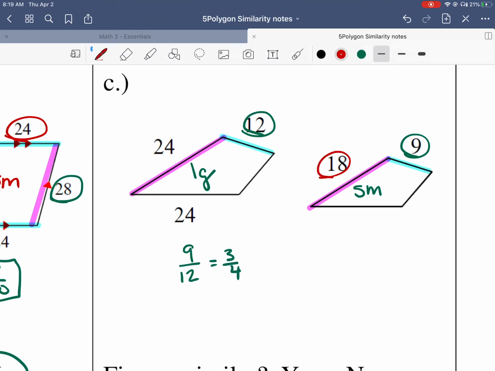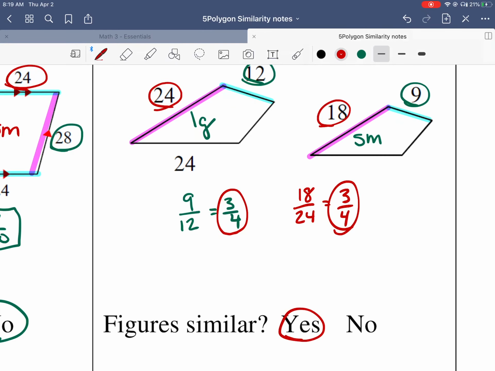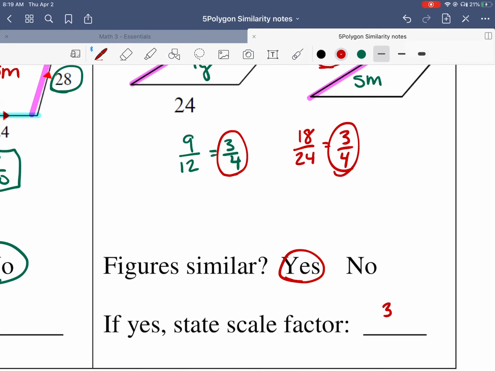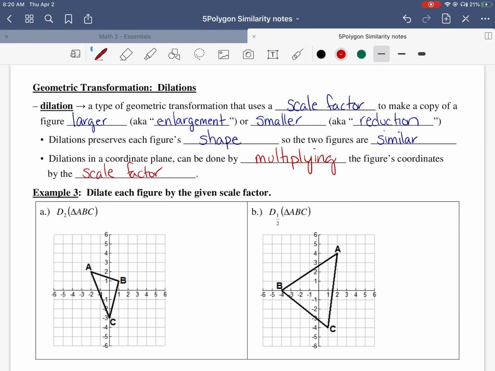And then my smaller over my larger. This time, my ratios are the same. Since they're the same, my figures are similar, and my scale factor is 3/4. Okay. All right, on to the back.